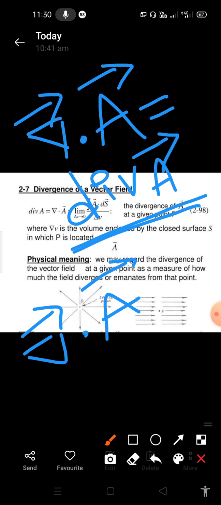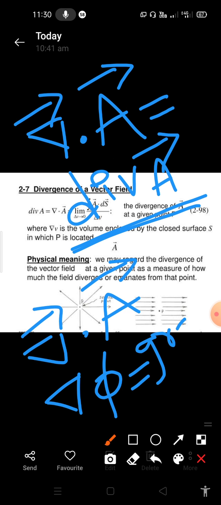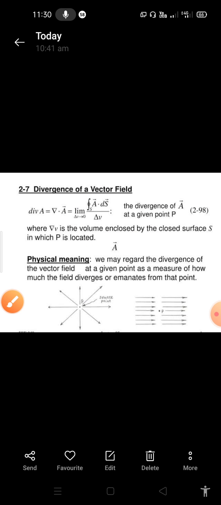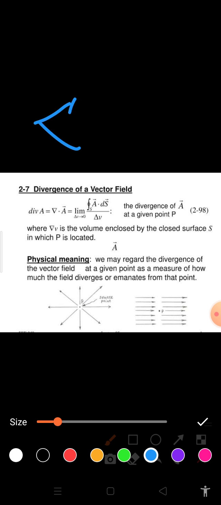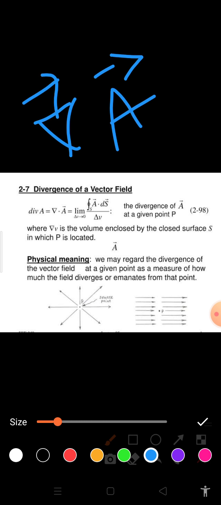But grad phi is written as del phi, with no dot product. In the gradient it is not a dot product, but in the divergence it is a dot product of the operator del bar and A bar.